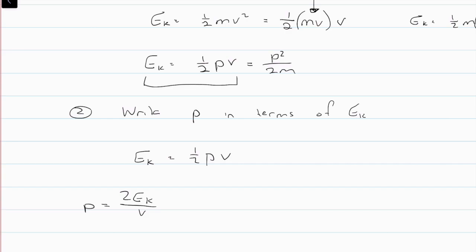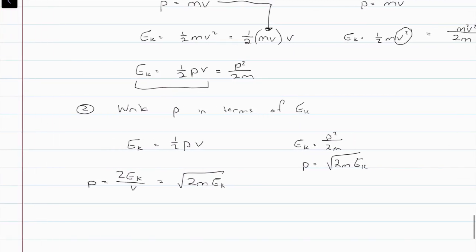That's from this part right here. And if we look at the second part, EK equals momentum squared over 2m. So momentum is equal to the square root of 2mEK. Okay, cool stuff. Now I just want to do an example.